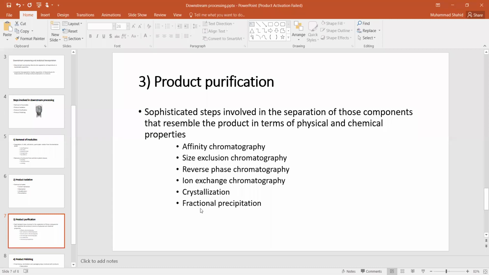And finally, we can also use fractional precipitation, in which we can precipitate out our desired product from the other solutes. So this is how we use some of these very sophisticated techniques to separate our desired bioproducts from many other molecules that may resemble our desired product in terms of physical and chemical properties.